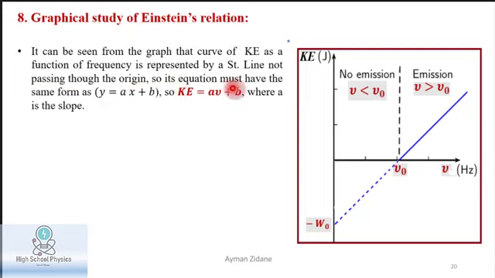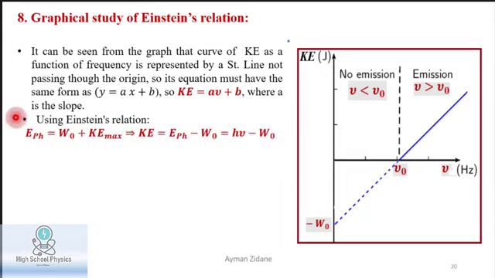So its equation must have the same form as y equals ax plus b. So kinetic energy equals a nu plus b, where a is the slope. When we compare this equation obtained from the curve to Einstein's relation, E photon equals W0 plus kinetic energy maximum, so kinetic energy equals E photon minus W0, equals h nu minus W0.